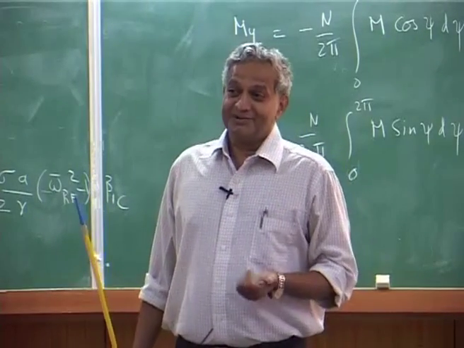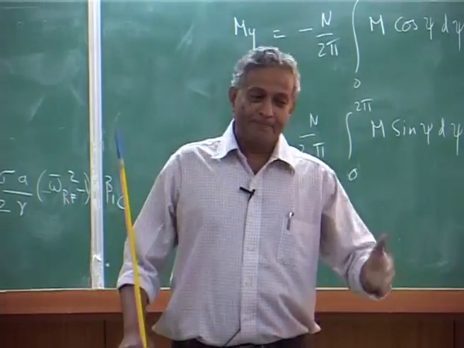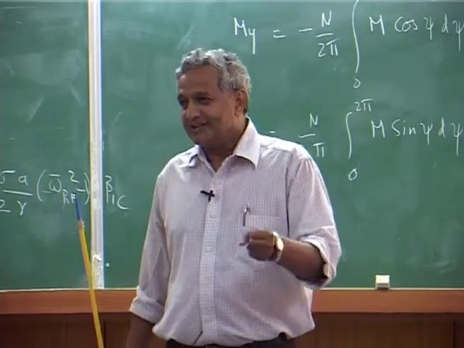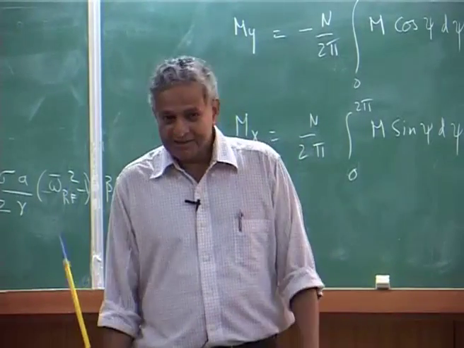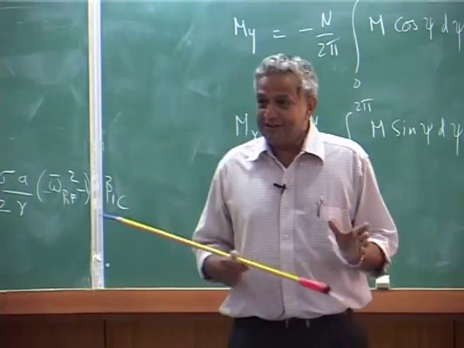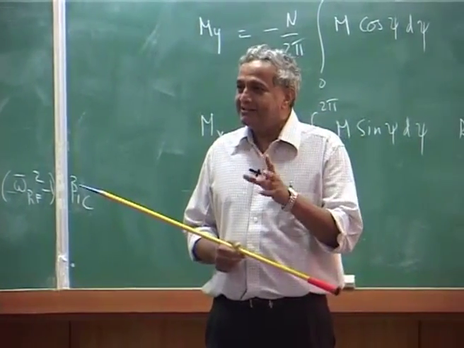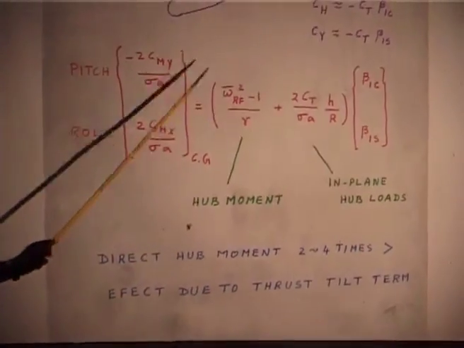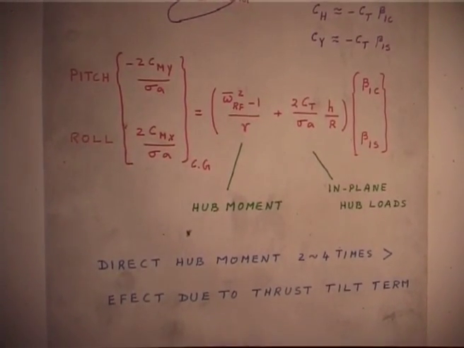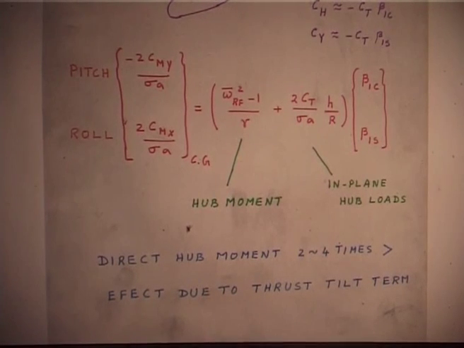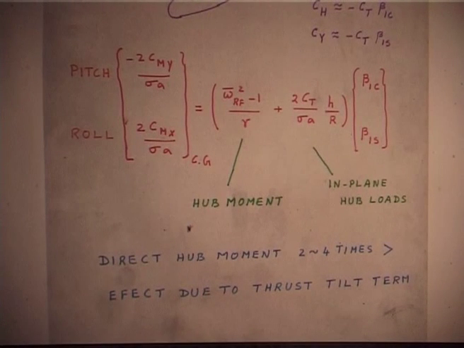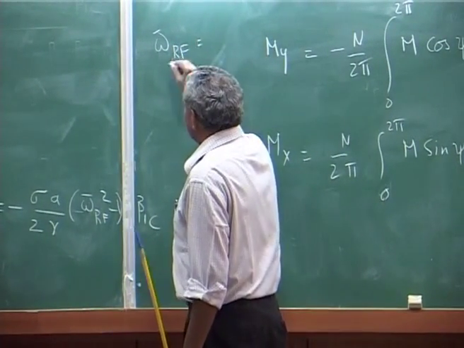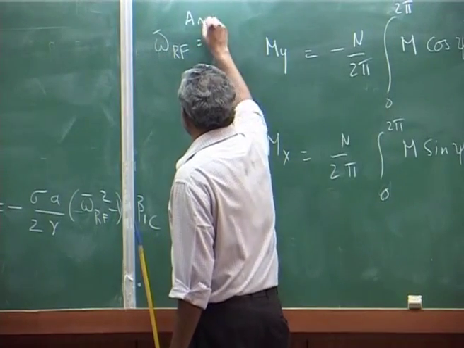But an experienced pilot's opinion will be different from a new pilot's. As you gain experience, you say yeah, it is okay, I can handle it, but a new pilot will say oh, it is very difficult. So finally they decide on some combination. Flap frequency is the most dominant. You will be surprised, usually omega bar RF is kept, for articulated rotors.